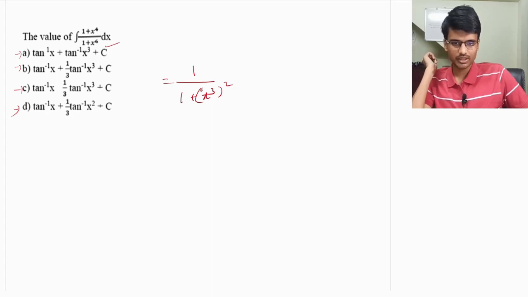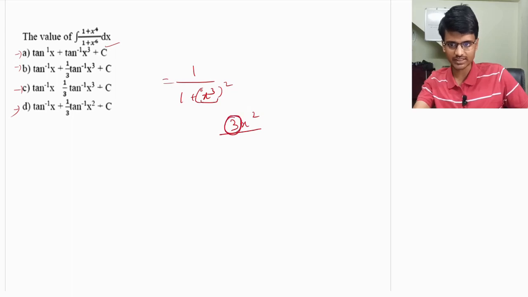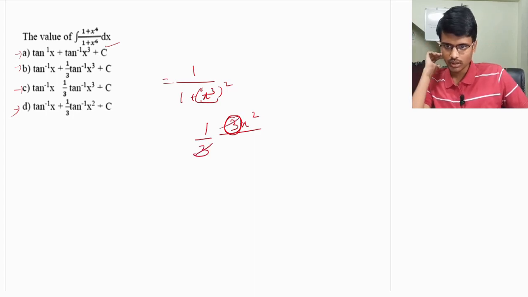So if I take something related to tan inverse x, differentiating x cube will give me 3x square, right? So this 3 will be an extra thing. I have to get rid of this 3, so I need something in the denominator to get rid of it. If I do that, I can eliminate option A.